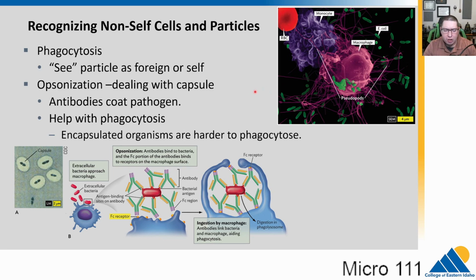There is an additional process that can go with phagocytosis. There are some bacteria that make a very slimy, slippery capsule layer. And when a macrophage goes to try and engulf them, it slides off because it's so slippery. This can lead to needing to use a different process, which we call opsonization. This utilizes antibodies, which we haven't talked about yet, but antibodies recognize specific pieces of microbes.